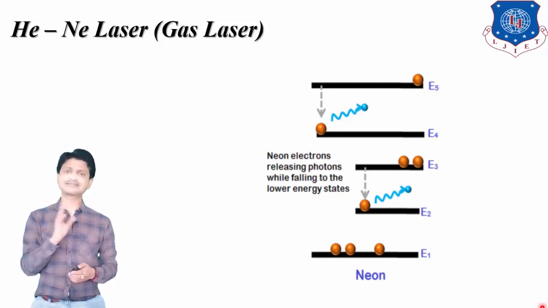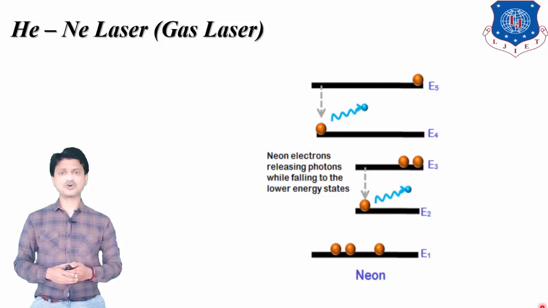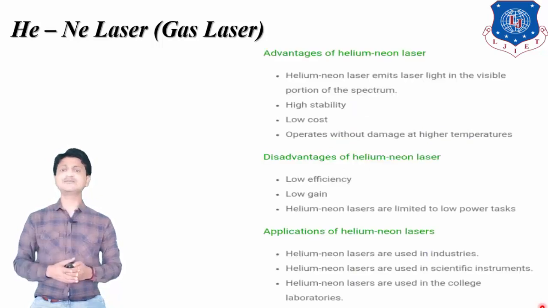Now let's discuss the advantages of the helium neon laser. It emits laser light in the visible portion of the spectrum. It has high stability and low cost. It operates without damage at higher temperature.